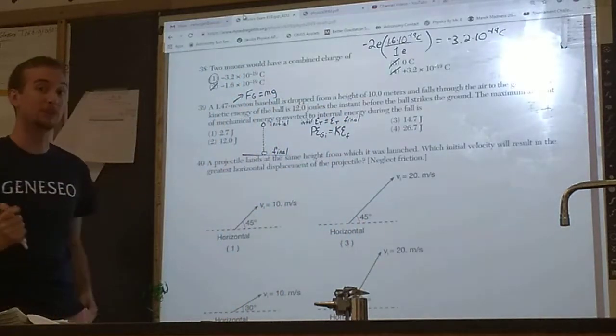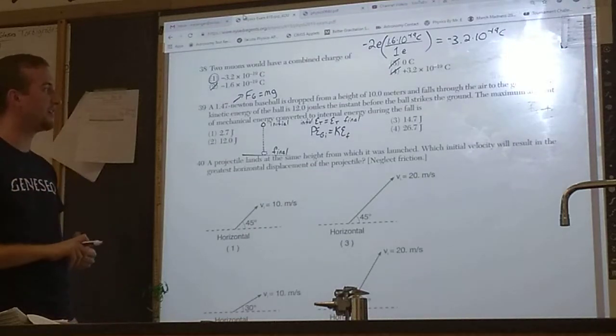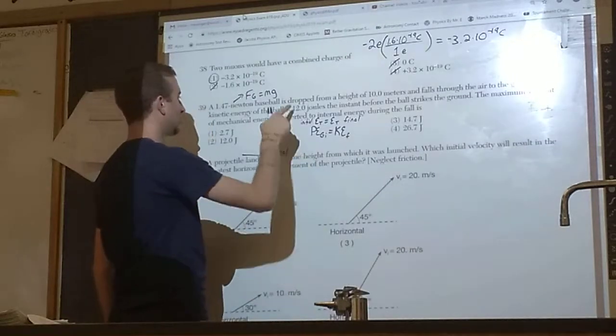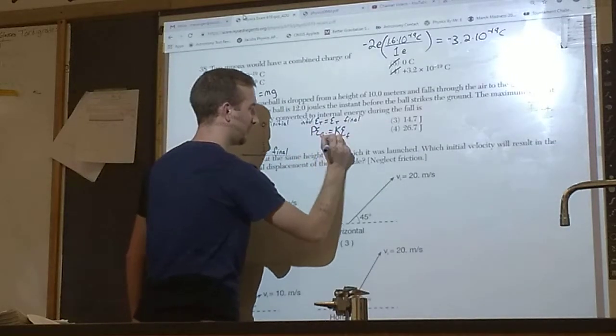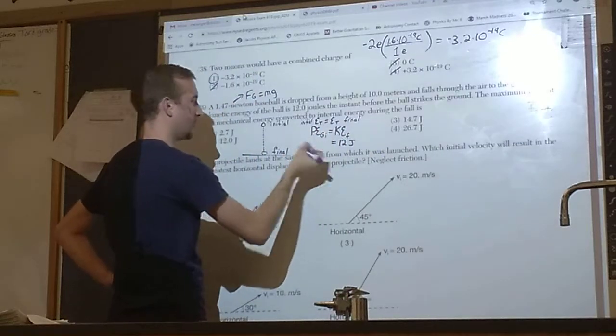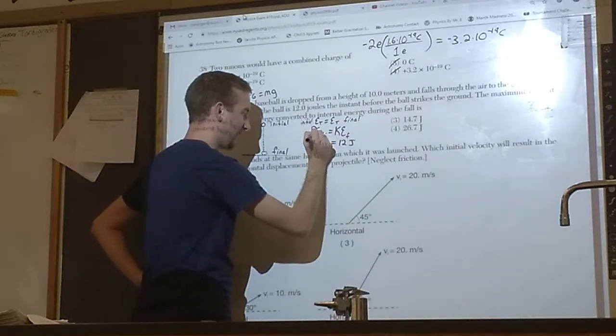Now in a lot of cases you might just leave it there and say, oh, well they've got to be equal to one another. But let's actually try plugging this in right now. We're actually told the kinetic energy is 12, so let's just plug that in right now, 12 joules. The gravitational potential energy, we know the equation for this is mgh.